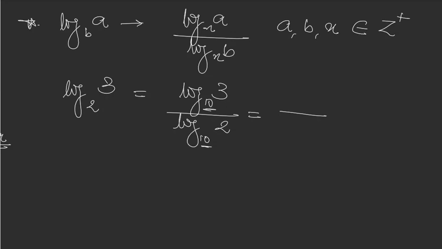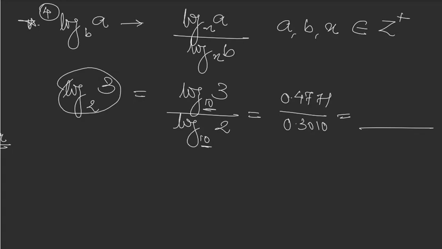Log of 3 to the base 10 is 0.4771 and log of 2 to the base 10 is 0.3010. So I just have to solve this and get my final answer. Can be in fraction, can be in decimal, right? So this seemingly impossible logarithm could be solved using this identity. So this is nothing but the fourth and the new one, the fourth identity.